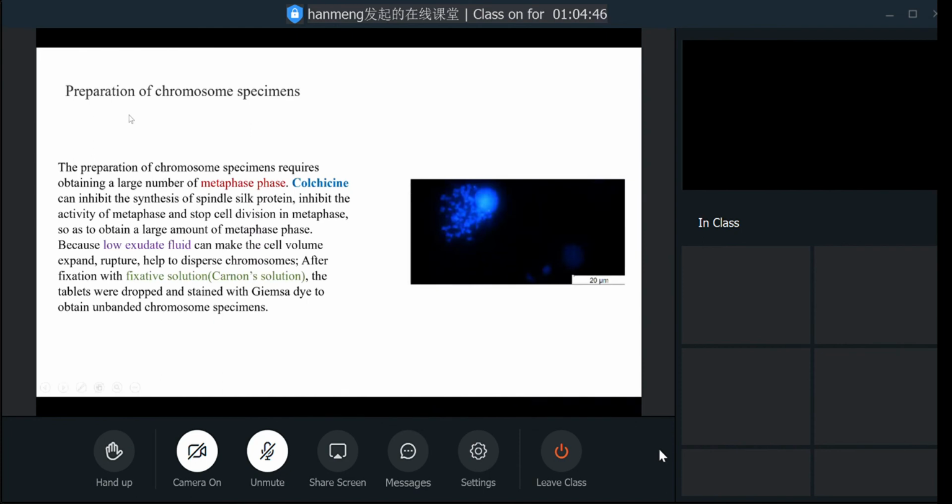This procedure we will learn in our second experiment. Then the tablets were dropped and stained with the Giemsa dye to obtain unbanded chromosome specimens, but with some different process.